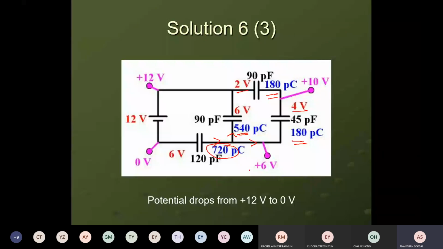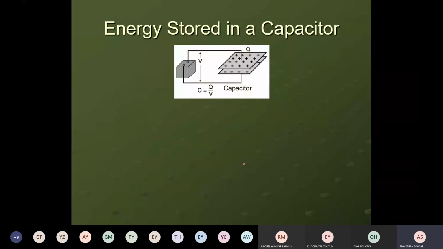I believe those who tried got all these values. First thing you need to find is the total capacitance. Total charge 720 is the first. Then 6 volt for the Q4, C4. Then we can proceed with the others.